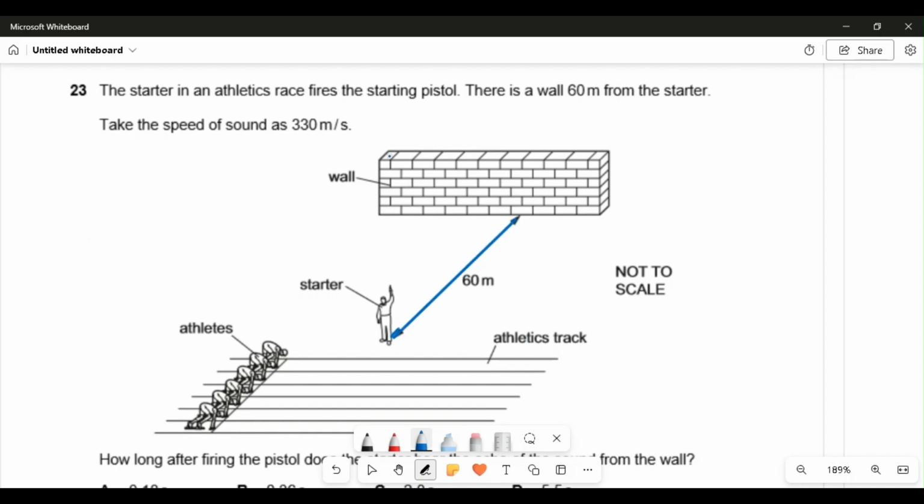Now, take the speed of sound as 330 meter per second. So we know that the rule is speed is equal to distance divided by the time it takes.